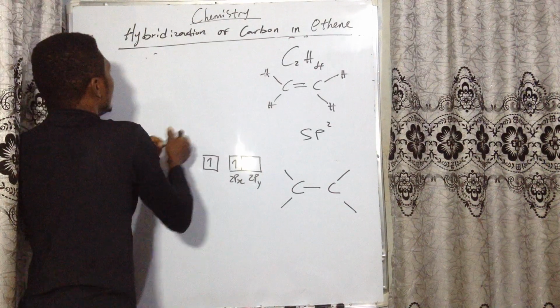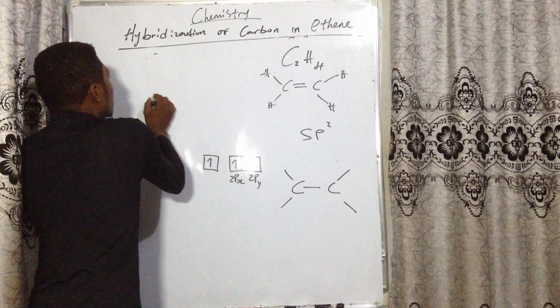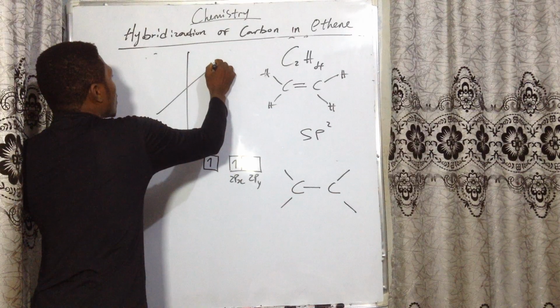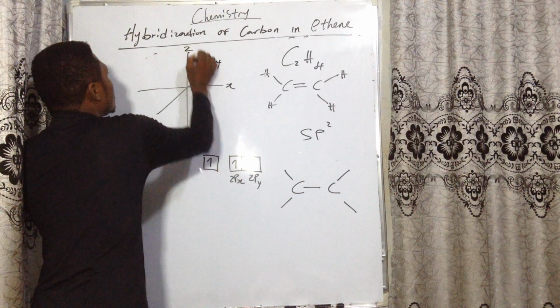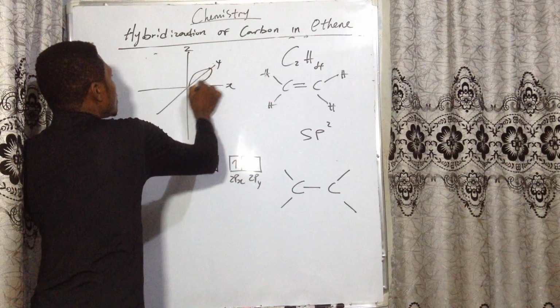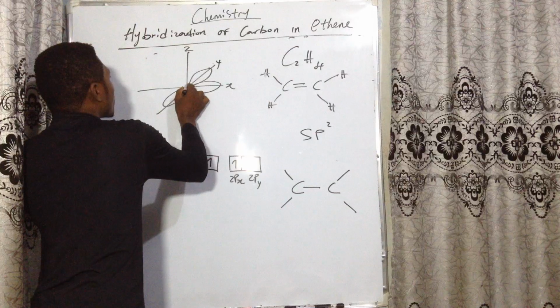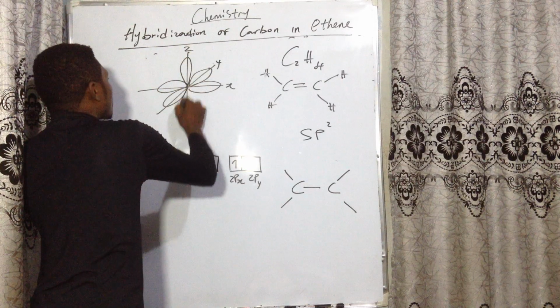Now, this is a p orbital. This is y, this is x, and this is z. This is py orbital. This is px orbital. And this is pz orbital.